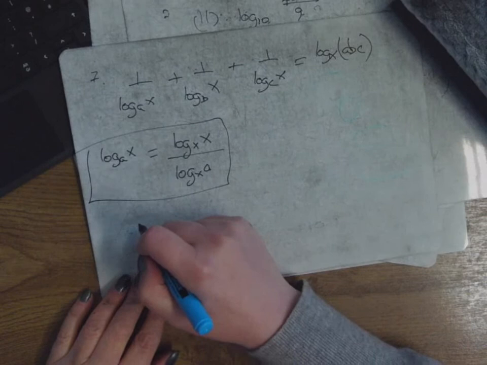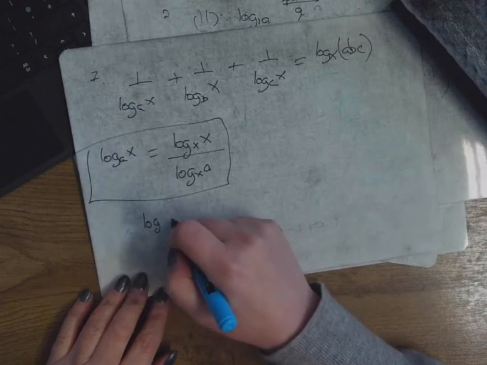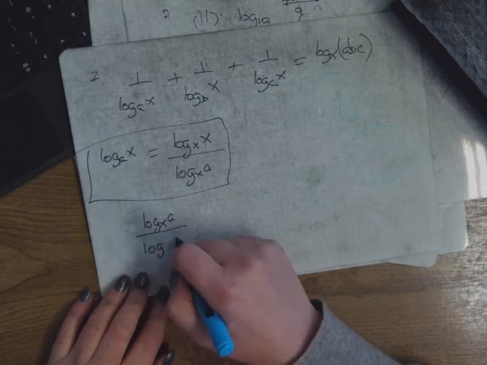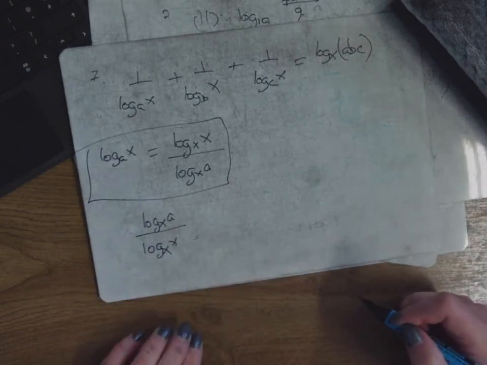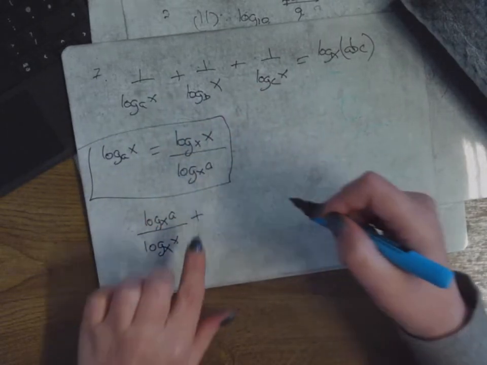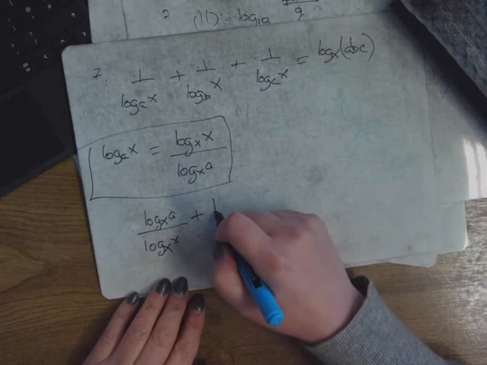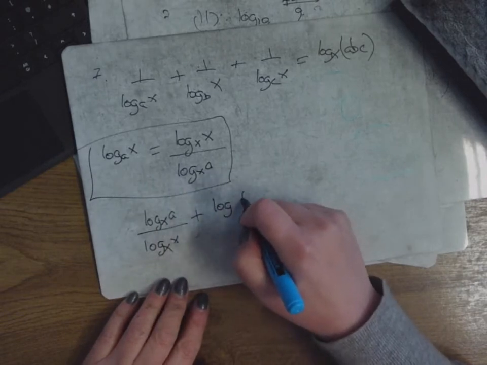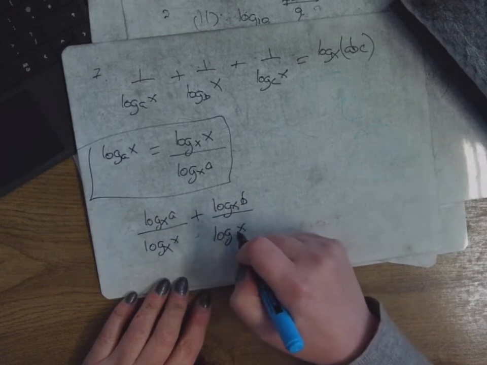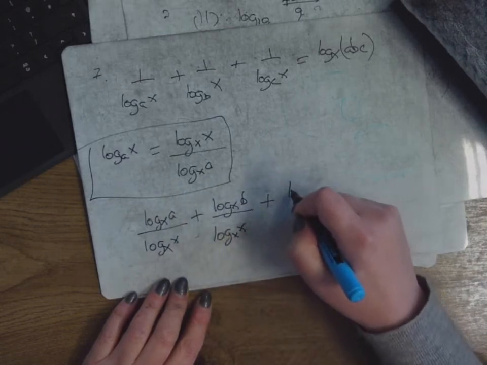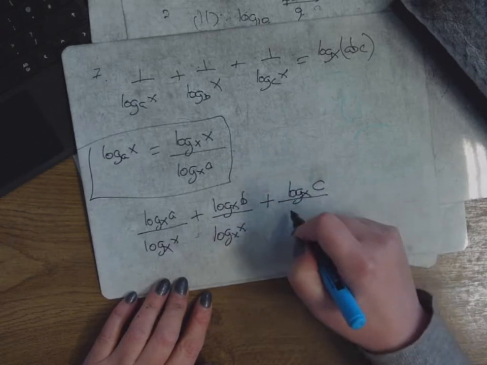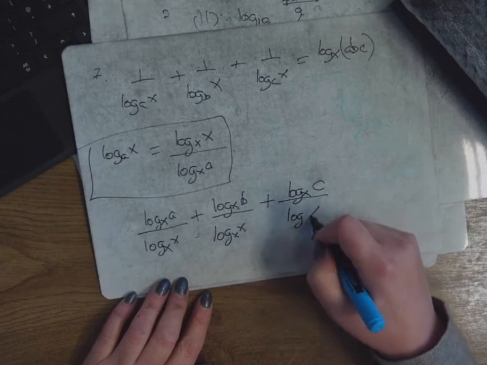So when I change that, that would be log of a to the base x over log of x to the base x. This one, again, if I was to change it, that's what it looked like, except that would be a b. But now it's 1 over, so flip it upside down: log of b to the base x, plus log of c to the base x over log of x to the base x.